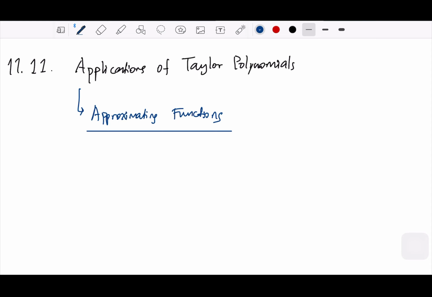There are other fields that we can also use the Taylor polynomials, like in physics. But I will just focus more on approximating, because this is very basic. Most subjects of study will use approximations.